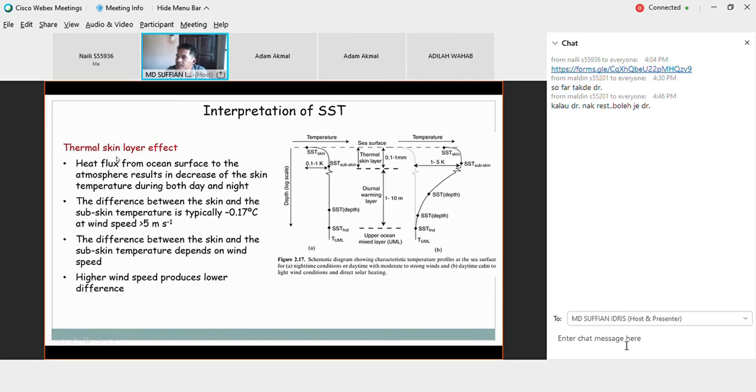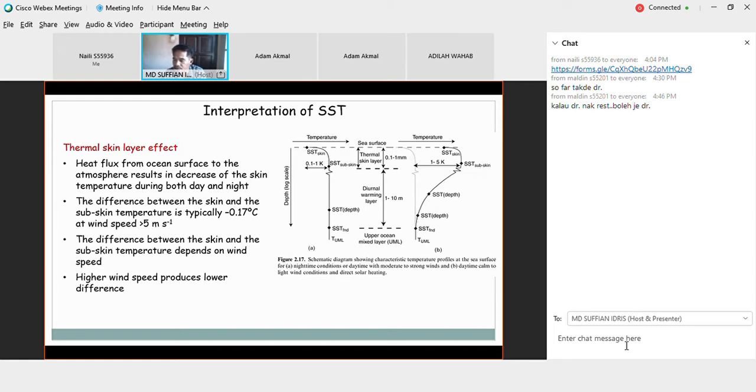And then thermal skin layer, terangkan tadi, because of its flux, during day and night, yang satu lebih panas, kalau sea surface temperature lebih panas, dia akan transfer heat from ocean to air. Kalau air lebih panas pada waktu siang, dia akan transfer heat from air to ocean.